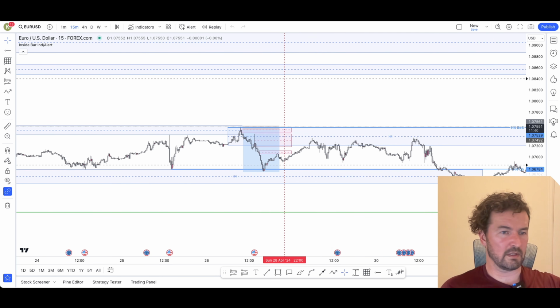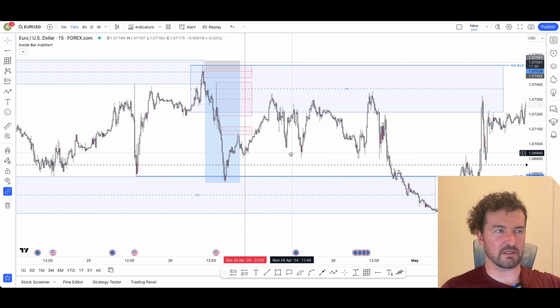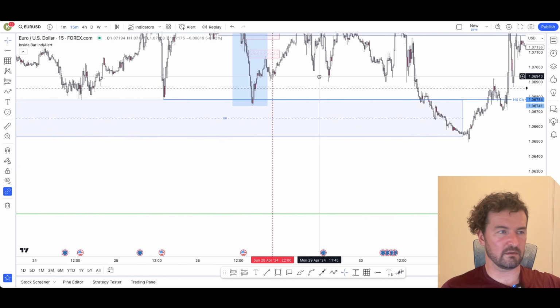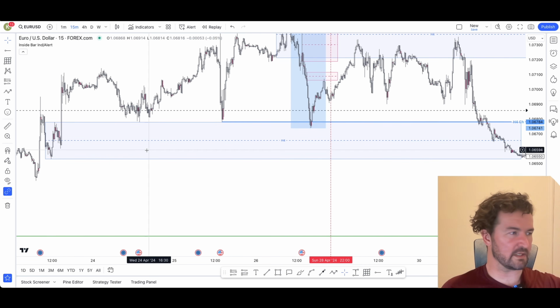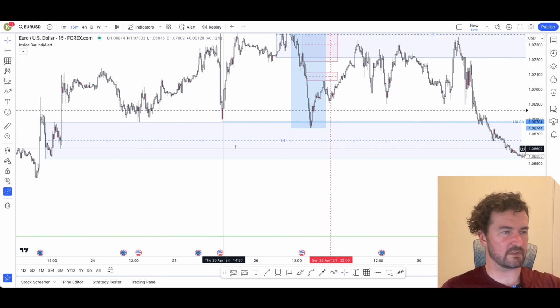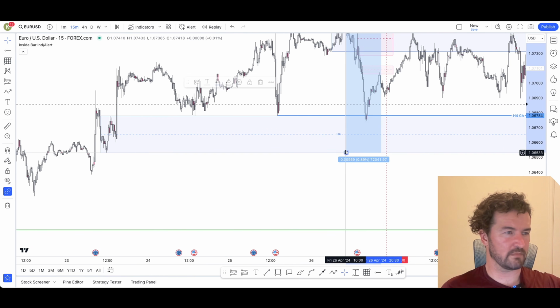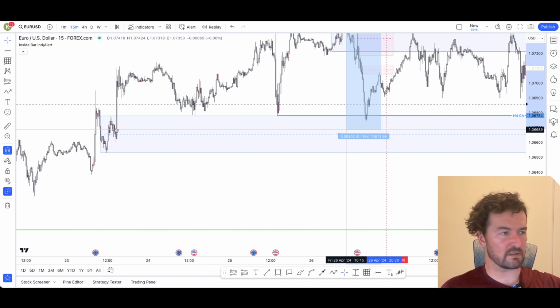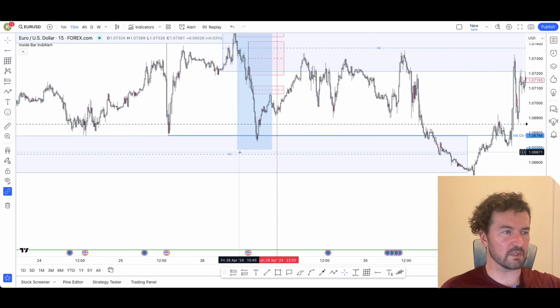Now, I think in my mind I was targeting further. I was targeting a break of this for some reason. It will come to me. I was targeting this because I wanted to get long out of here. So I was targeting down there.